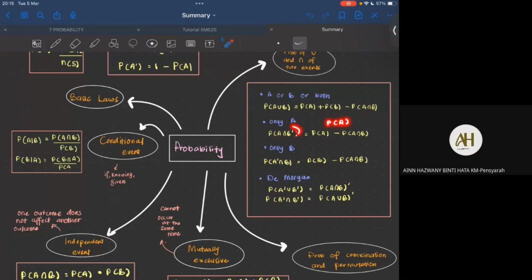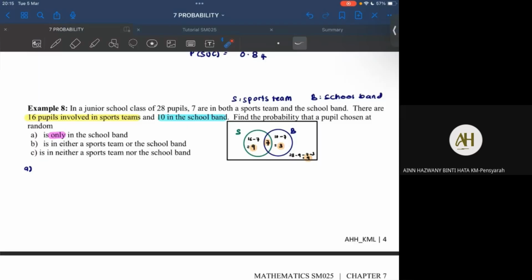Okay, PA intersect B prime. Ini untuk only A. Kita ada event A dan event B. Kalau only A, dia punya simbol dia ialah PA intersect B prime. So jangan salah dan confuse bila soalan cakap is only in the school band, this is not probability of school band. Okay, bukan keseluruhan dia saja. Dia kata only, so kita nak yang ini sahaja, school band. Kita nak ini sahaja.